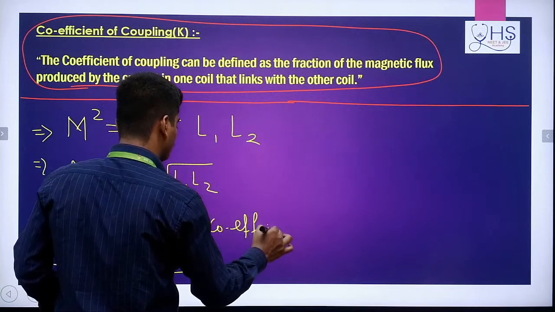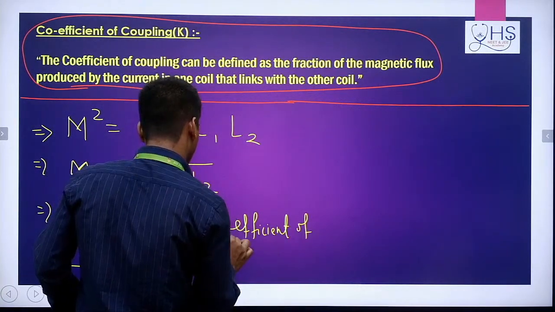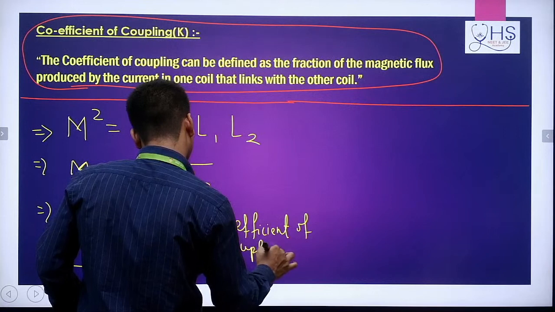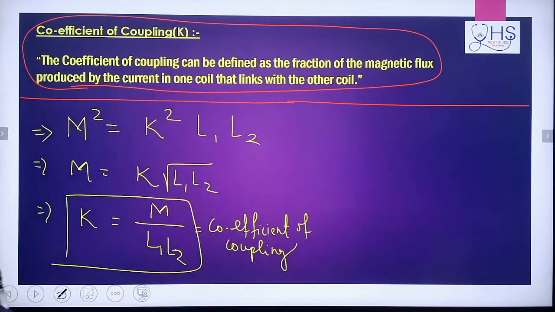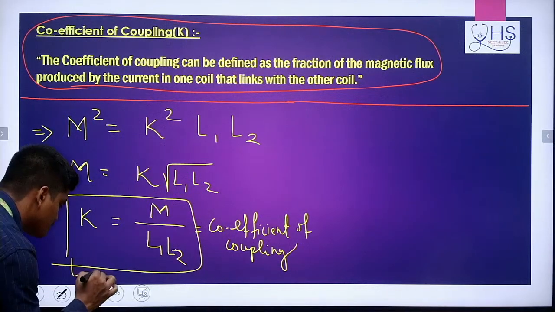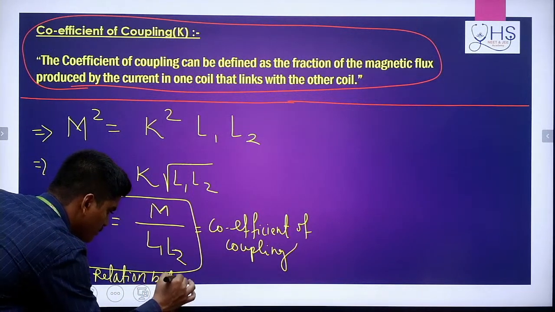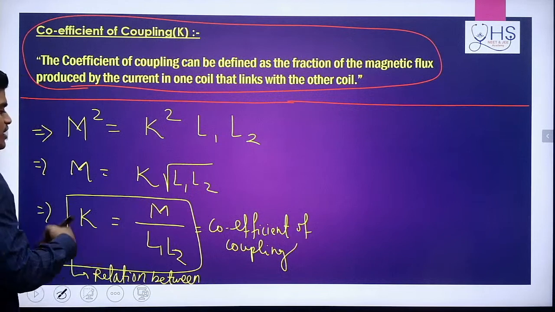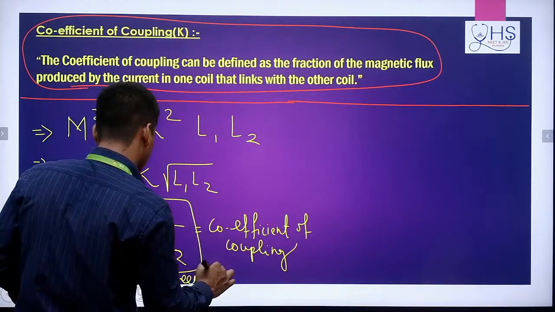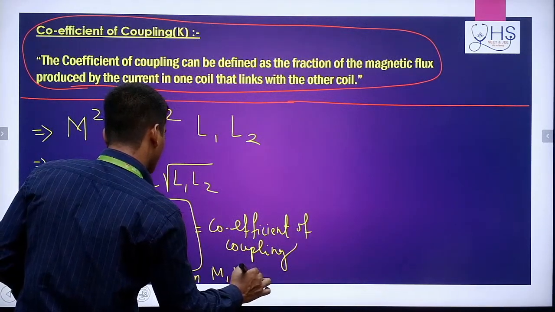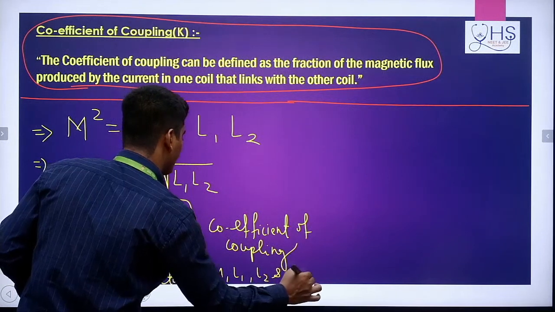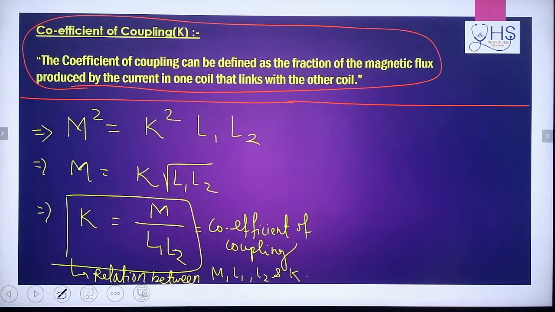Coefficient of coupling. Or you can tell basically this is the relation between coefficient of coupling, mutual inductance and self inductance, between M, L1, L2 and K. So that relation also you can calculate.